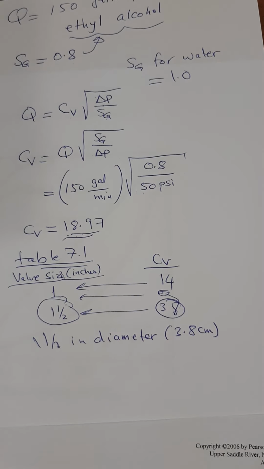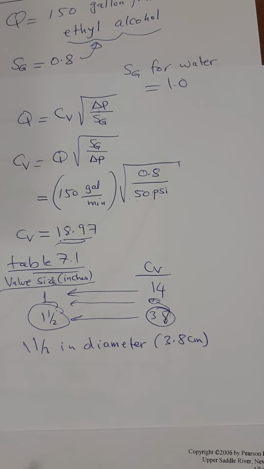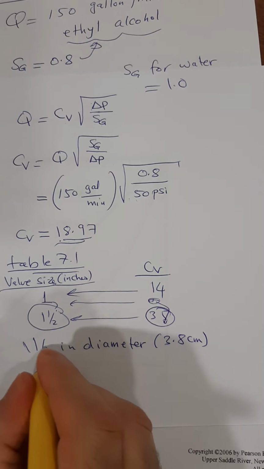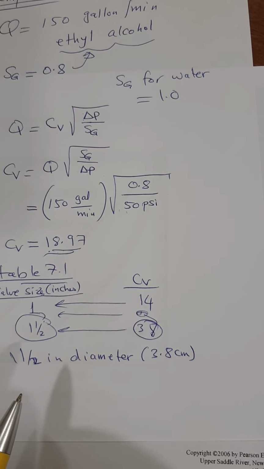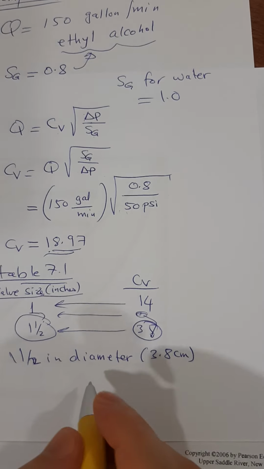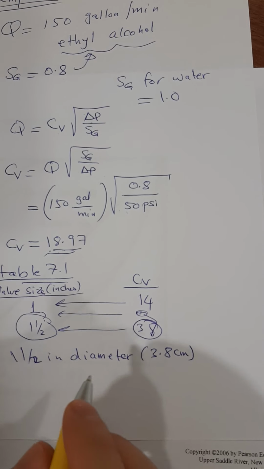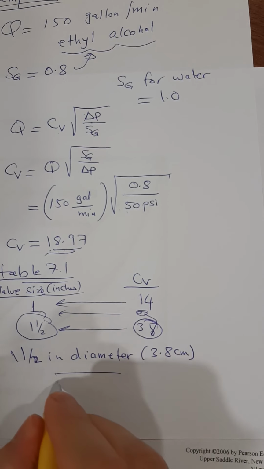We need to select a valve with a diameter of 3.8 centimeters, or 1 1/2 inch, to have these quantities. Okay, then we will stop at this point. Thank you very much.